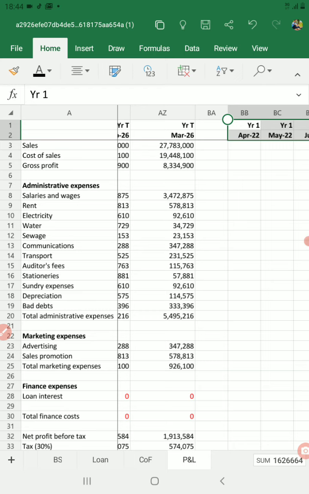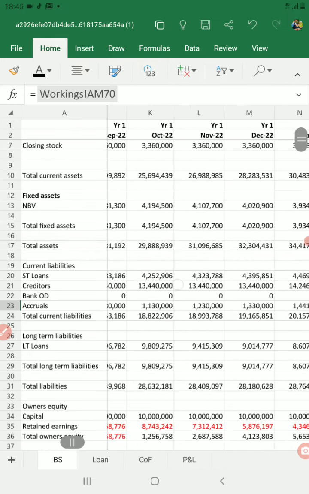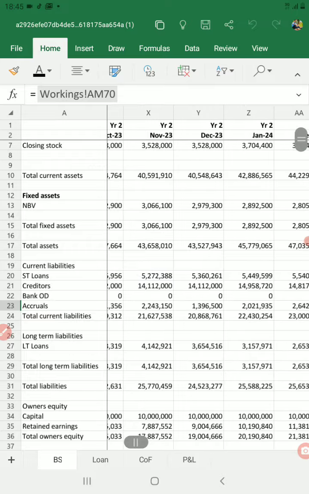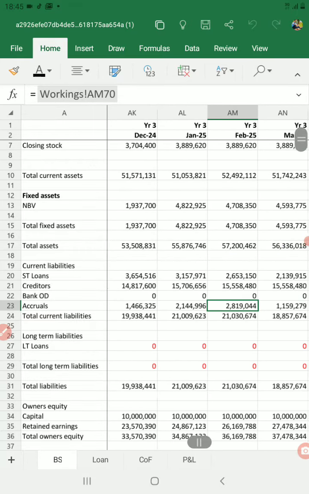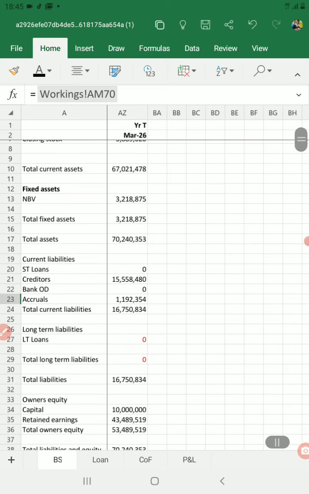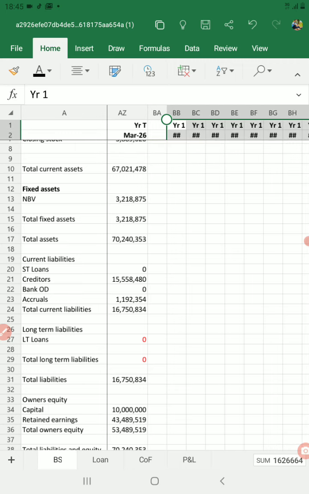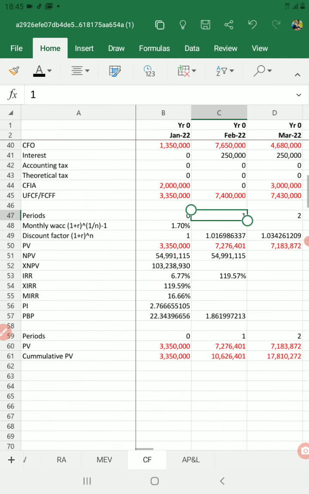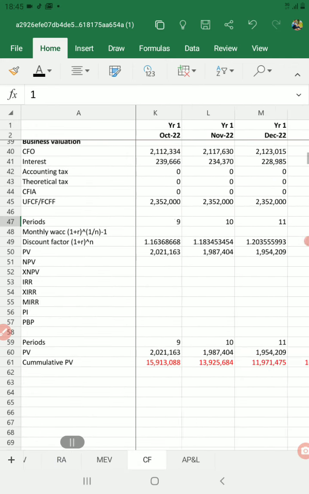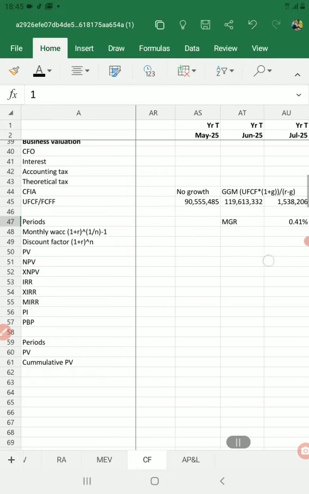So here in the balance sheet I'm going to do the same, monthly balance sheet. So go to the end and then paste it somewhere here, paste, and monthly cash flow statement here, go to the end and paste it.